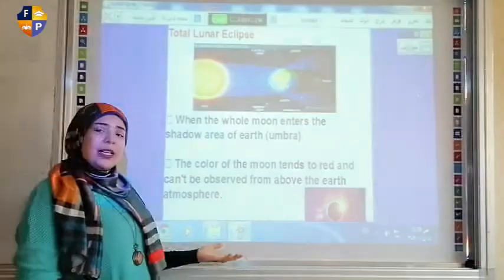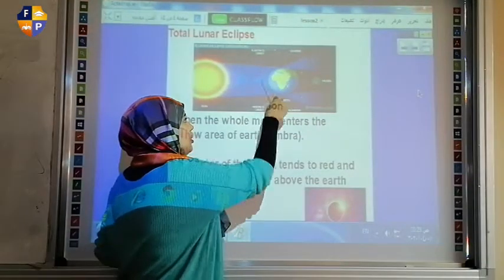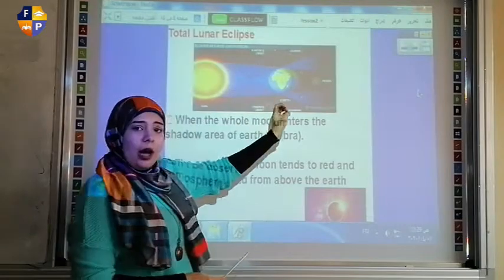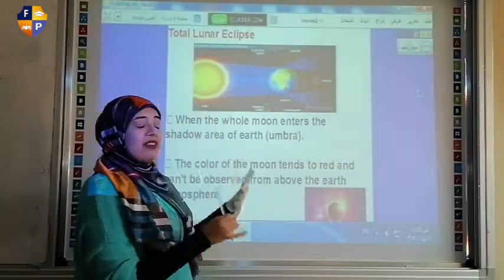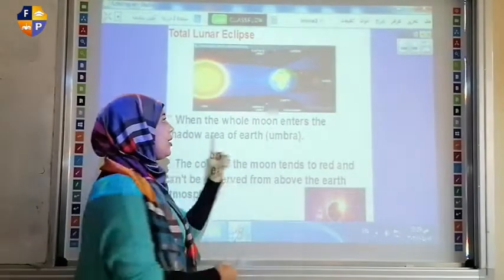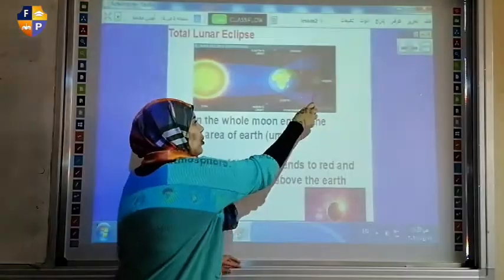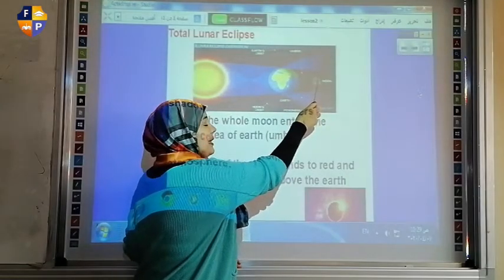Why do we see the moon as red color? Because in this case, the atmosphere of the earth will absorb the 7 colors of sunlight except red rays. It will refract them to the moon. So the moon in this case will be red color.